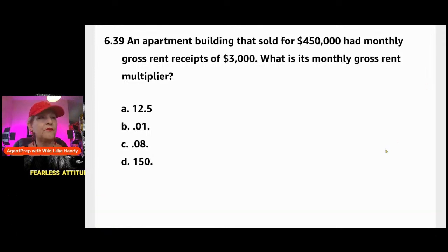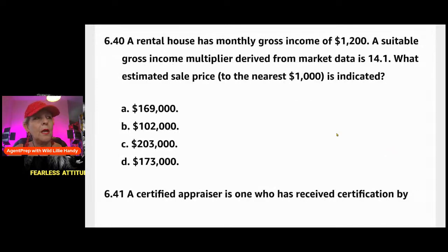All right, number 40. A rental house has monthly income of $1,200, monthly gross income. What do we know about gross? Gross is before expenses, right? A suitable gross income multiplier derived from market data is 14.1. What estimated sales price to the nearest thousand is indicated?